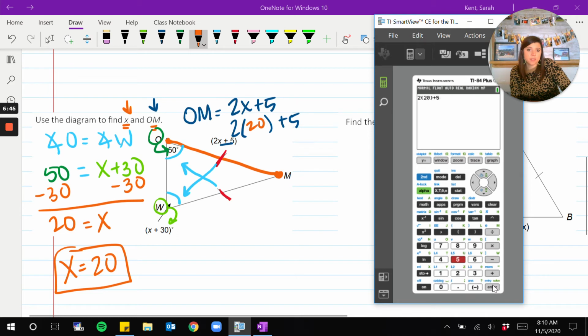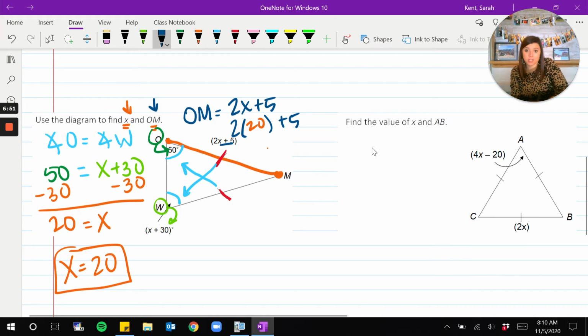When we press enter, we get 45. So for our second answer, OM equals 45. So if you have an isosceles triangle, you're either going to have two equal angles or two equal sides, but it'll always be equal.